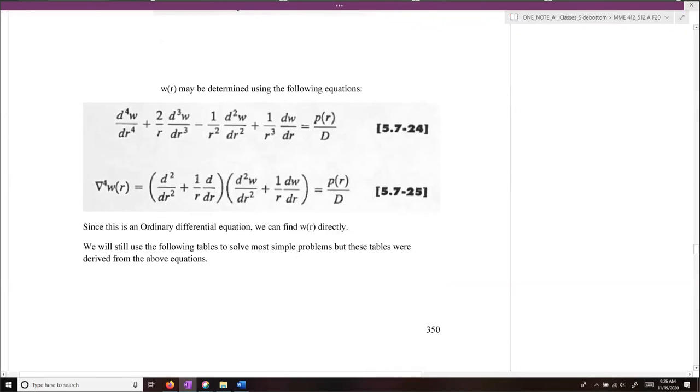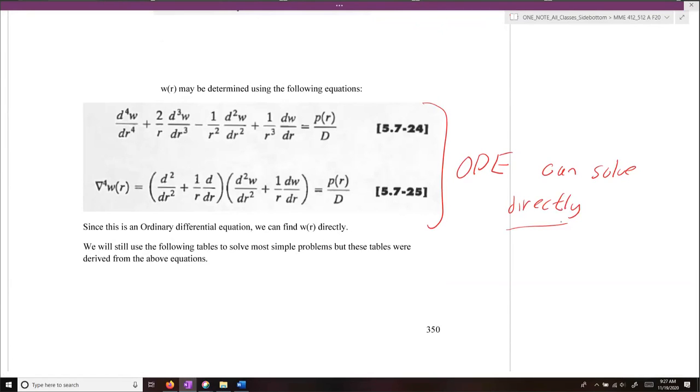This equation is an ordinary differential equation that we can solve directly. It will still depend on the boundary conditions of the problem, which will change the solution, but you can solve this ordinary differential equation directly and get a continuous solution.